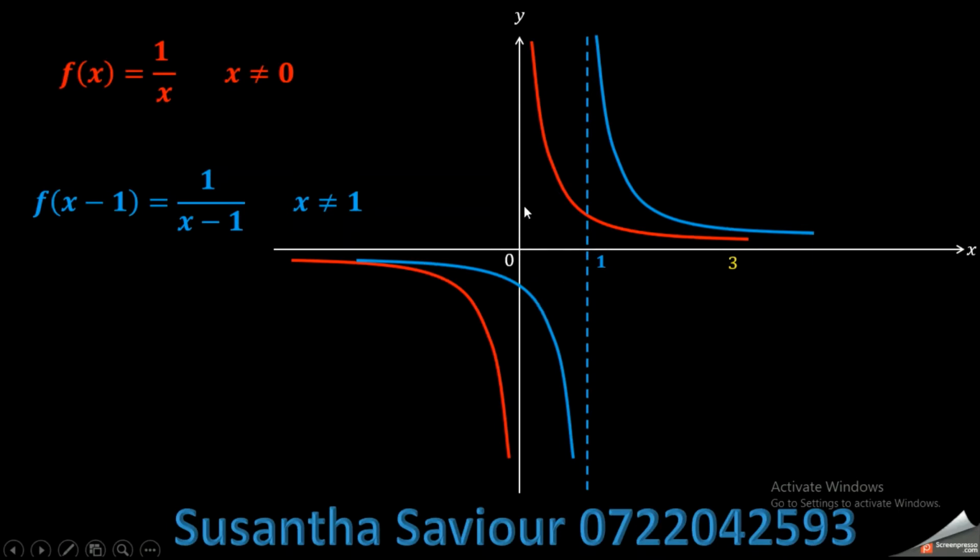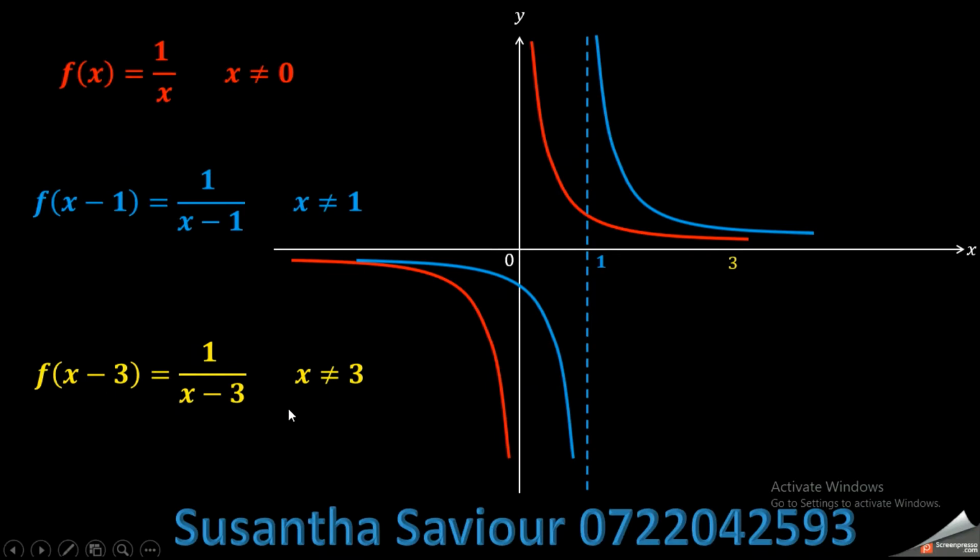Now we will look at another example for a better idea, right? So what is the next one? We will take f of x minus 3, right? So it will be 1 over x minus 3 because this x is replaced by x minus 3. Then what happens in this transformation?